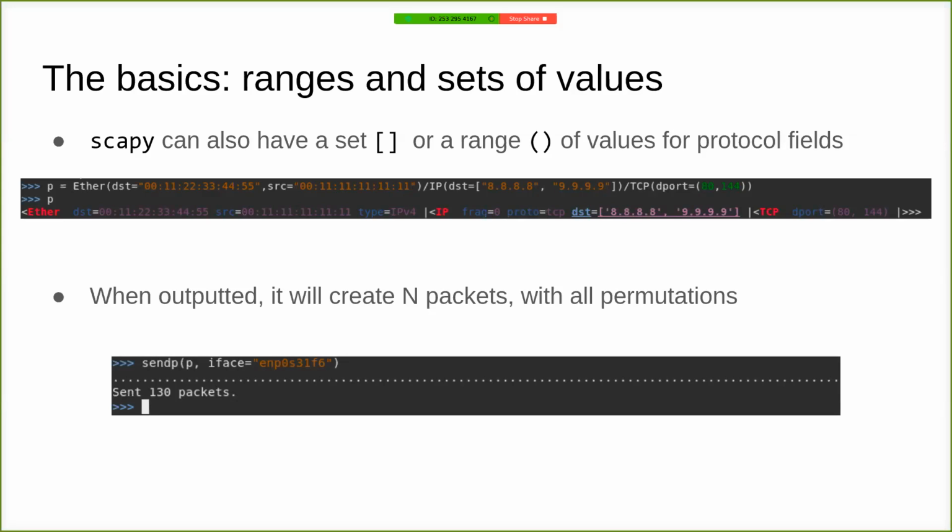That means that the object P is actually not a packet, but a meta packet. And then when you're actually going to use it, for instance, to output it into an interface, or to output it into a pcap file, it will actually create all the permutations of the packets. And so this is even useful in some cases where you want to again test that the parsing is correct for all of the values and things like that.